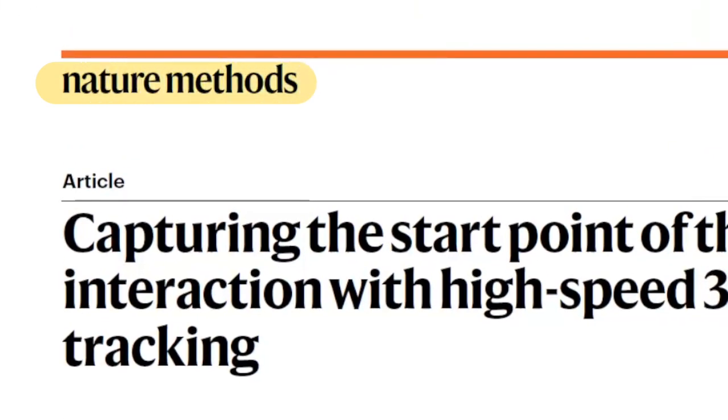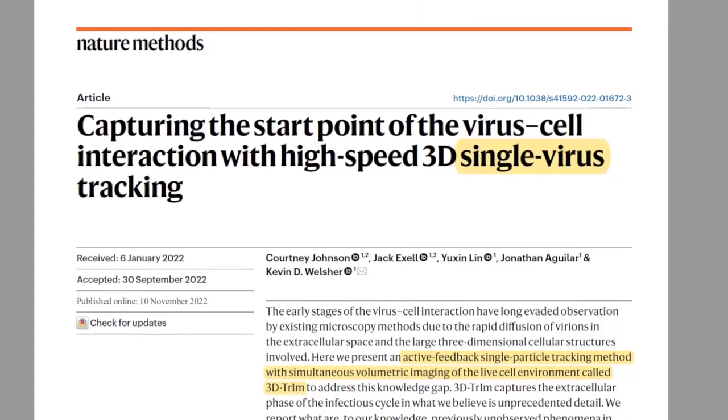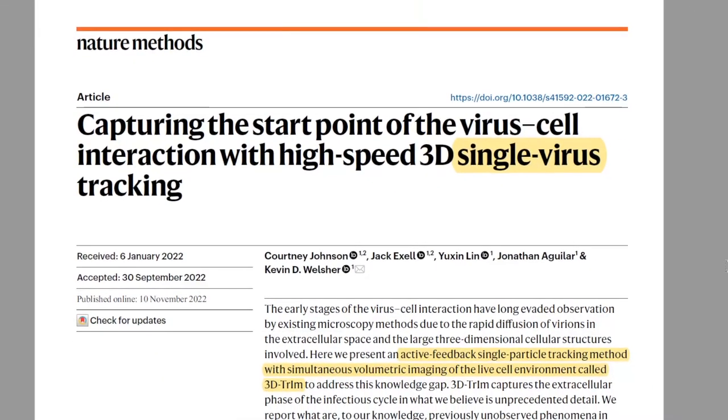So interesting, not from the main Nature journal, but Nature Methods, where there are a lot of publications about new methods that you can use for scientific study. And I think that's really the purpose of this paper, but we'll get to that. It's called Capturing the Start Point of the Virus Cell Interaction with High-Speed 3D Single Virus Tracking.